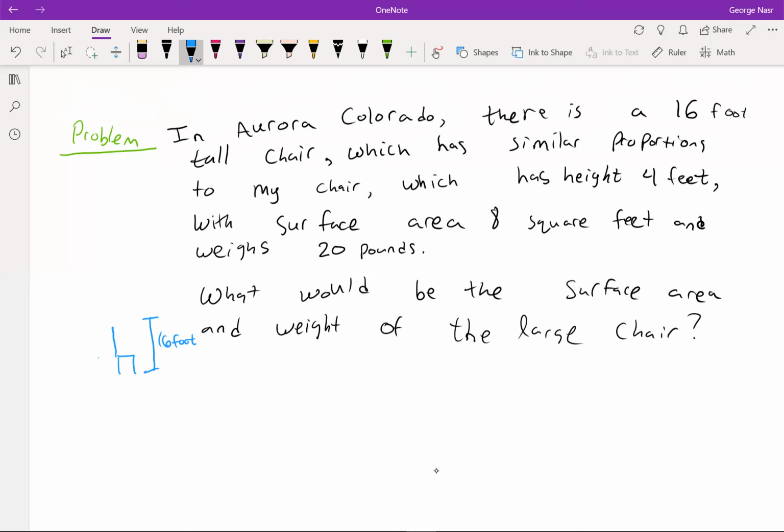That's a third of the height. That's how tall you would be in comparison to the chair. That's kind of ridiculous. Could you imagine having to come up to this chair and calculate the surface area? You would need a little ladder to climb up it. And how would you even go about weighing it?